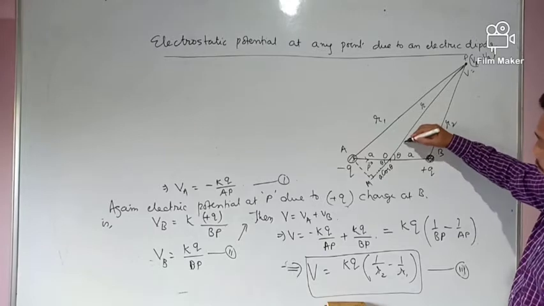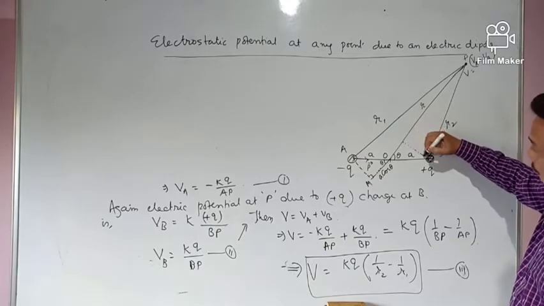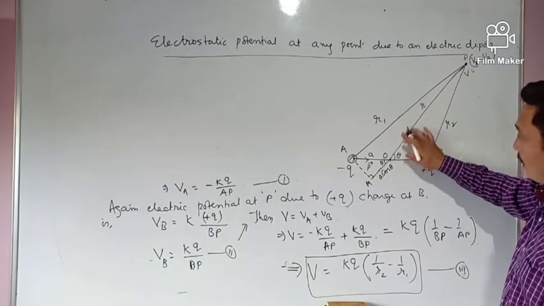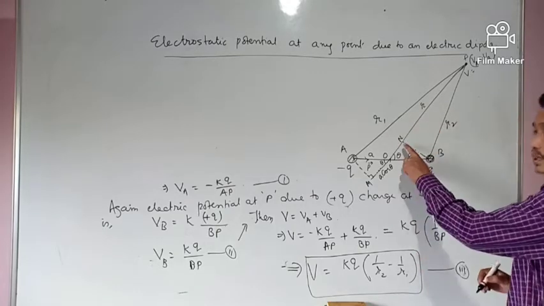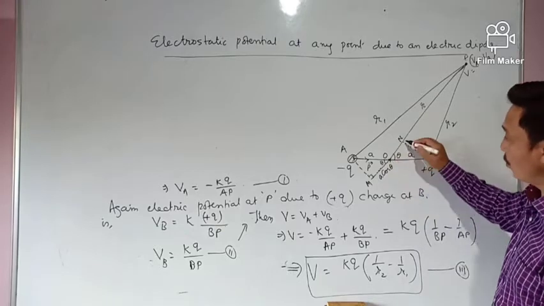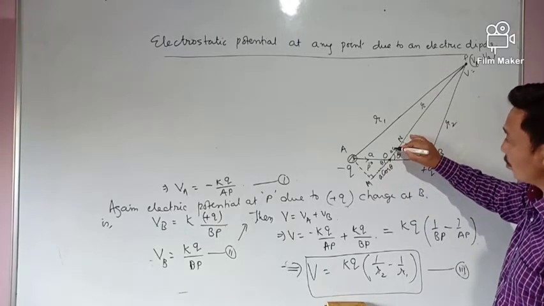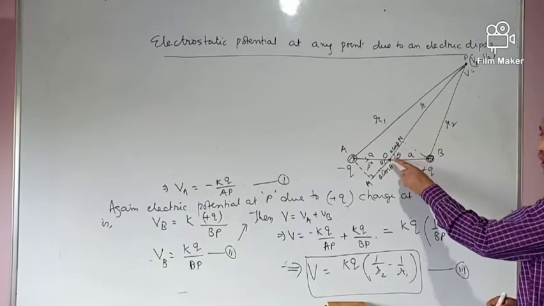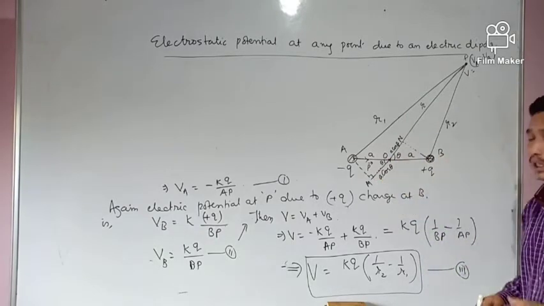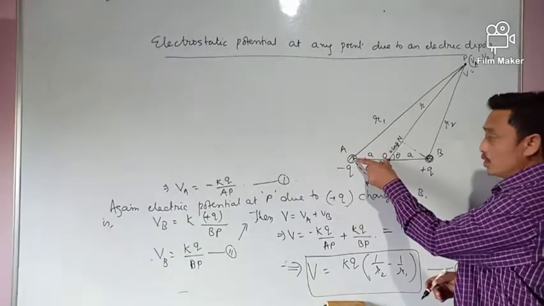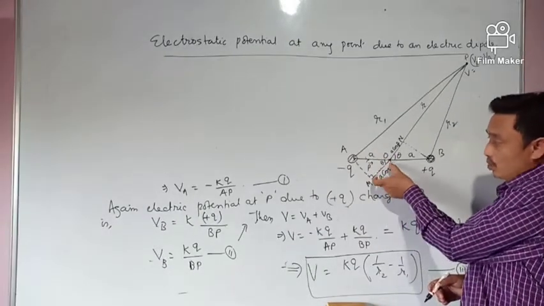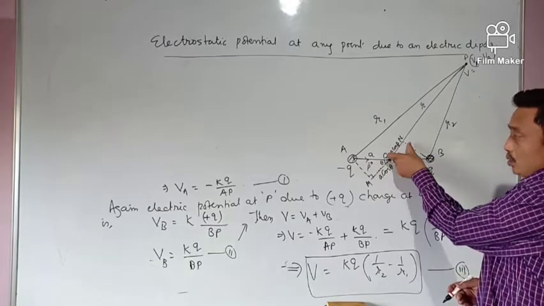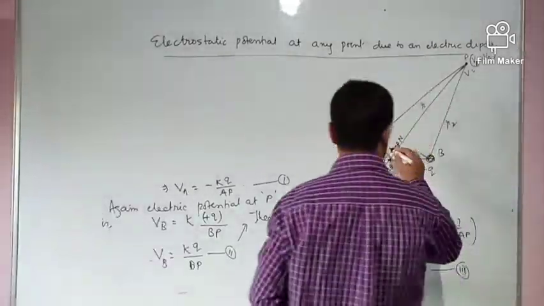Similarly, I will draw a perpendicular line here at point N, and the distance from O to N will be a cos theta again. Look here, the distance from A to N is a cos theta, and O to M is also a cos theta. Why? Because this is a and this is theta, so it is a cos theta. Similarly, this is a and this is theta, so it is again a cos theta.